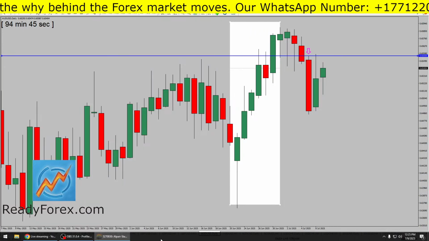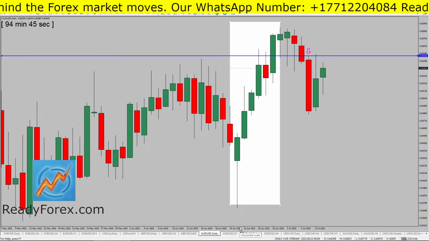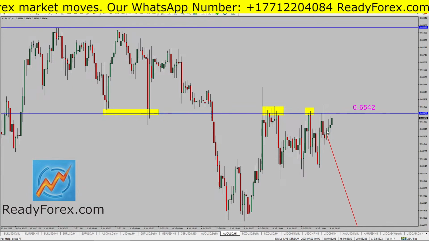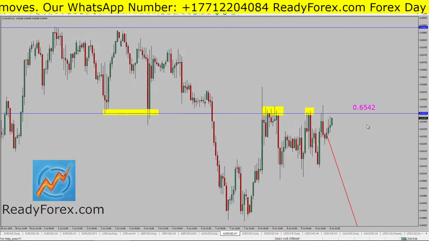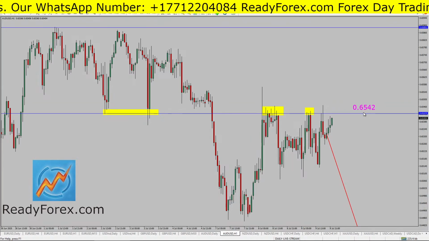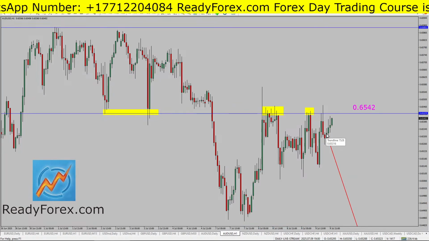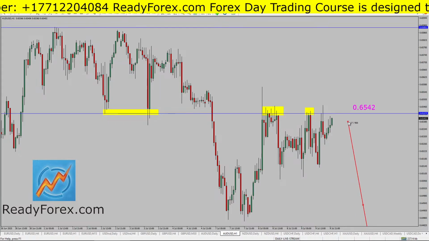In other words, let me show you the chart, smaller time frame, like a 60 minutes chart. In 1 hour chart, 0.6542 is the level which is providing support. It seems to me price action is trying to retest this level.